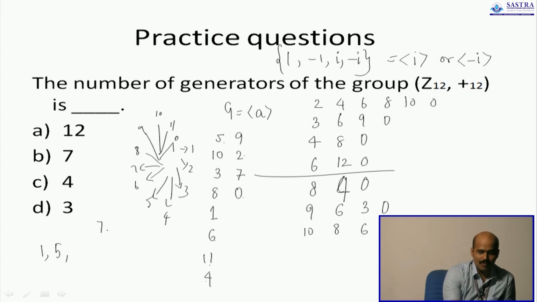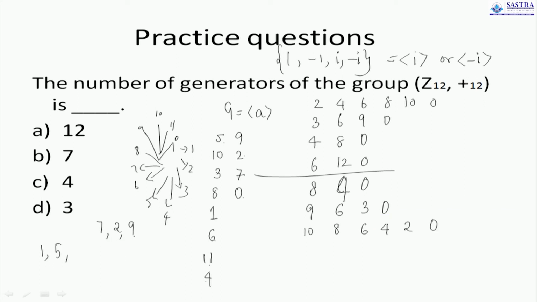In fact 7 power 1 is 7, 7 power 2 is 14 which is 2, 7 power 3 is 21 which is 9, 7 power 4 is 28 which is 4 again, 7 power 5 is 35 which is 11, 7 power 6 is 42 which is 6, 7 power 7 is 49 which is 1, 7 power 8 is 56, 56 is 8, 7 power 10 is 70 and 70 is 10, 7 power 11 is 77 and 77 is 5, 7 power 12 is 84 which is 0.